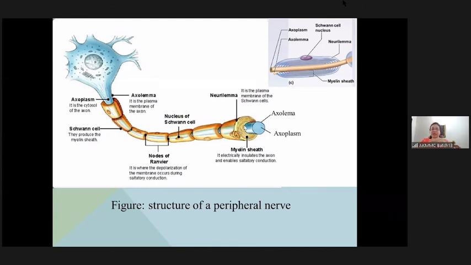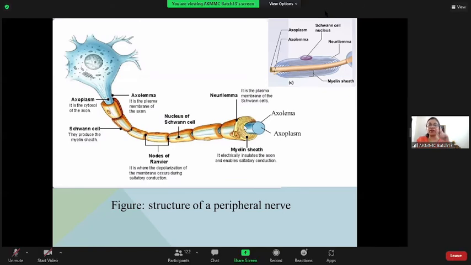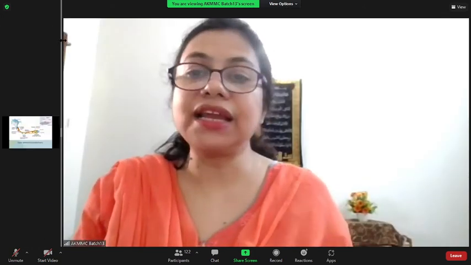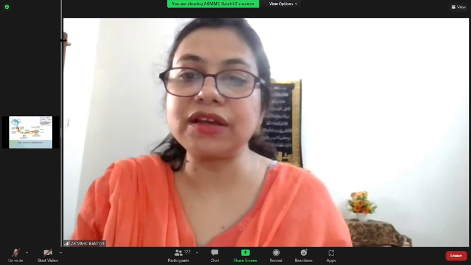And this Schwann cell, one single Schwann cell will cover only one axon. আমরা তাই জেনেছি না? A Schwann cell will contain some cytoplasm and a nucleus.